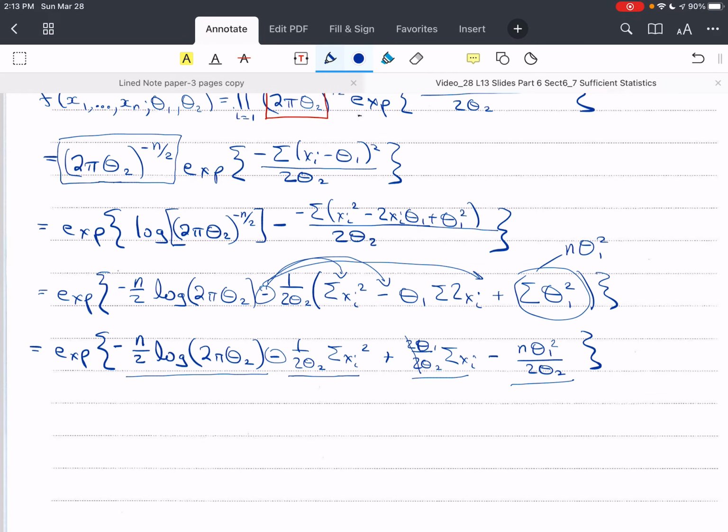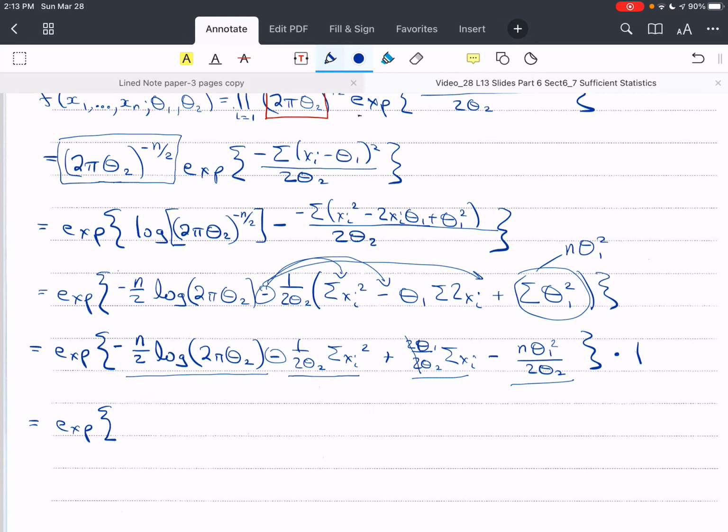So now, everything, so this is phi, and I can say times 1, and 1 is going to be my h of x1, x2, up to xn. And, well, before I do that, I can just say that equals exp, and I'm going to simplify.